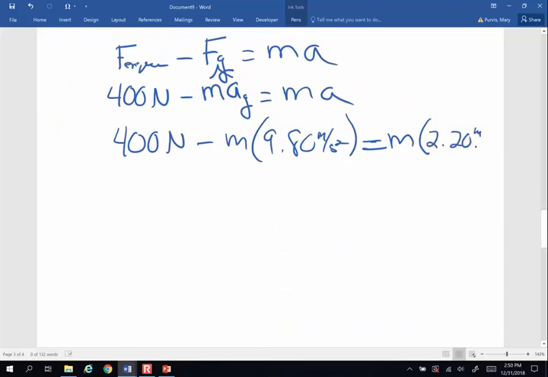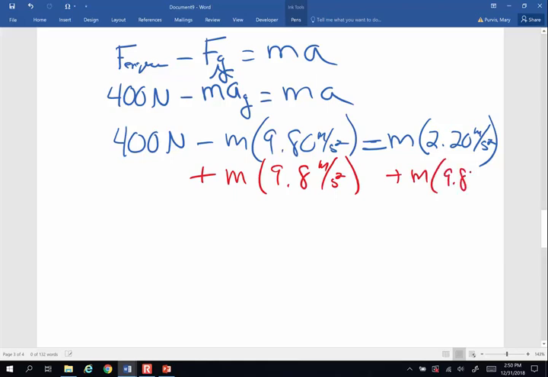meters per second squared. Now, in order to solve for mass, I've got to get them both on the same side of the equal sign. So here's what I'm going to do. I'm going to add mass times 9.8 meters per second squared to both sides. You do something on one side of an equation, you can do it on the other side.